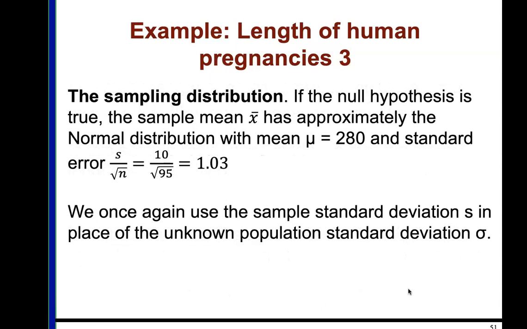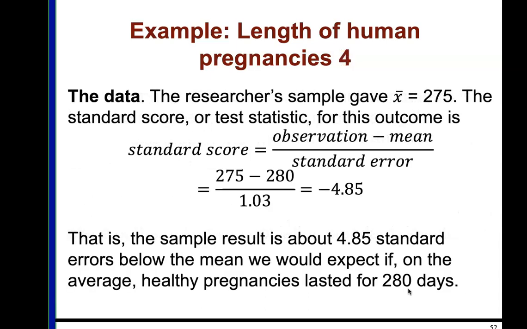And then our sampling distribution that we learned about in chapter 21 tells us that the mean would be 280 with a standard error of the standard deviation divided by the square root of the sample size, and that gives us 1.03. So we're going to determine our test statistic by seeing how many standard deviations away from the mean that is.